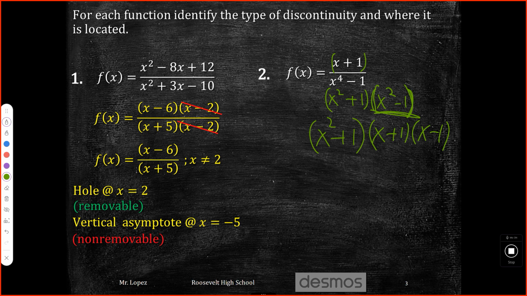We can cancel out x plus 1 on top with the x plus 1 at the bottom, creating a hole. So that's going to be a hole at x equals negative 1, meaning that x cannot equal negative 1 because there's a hole there.